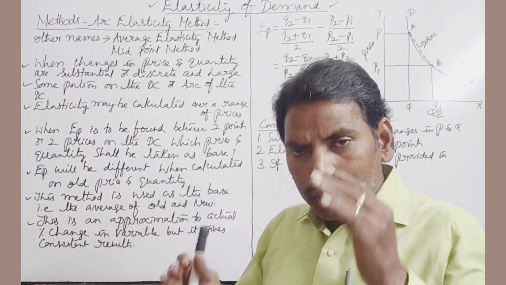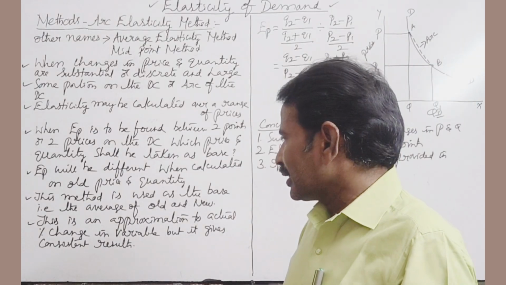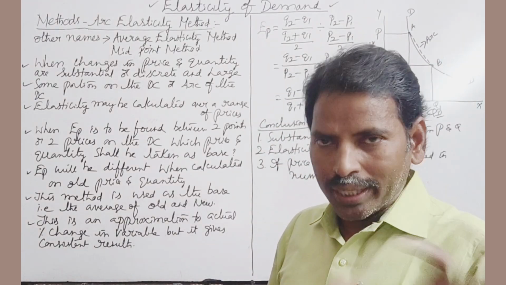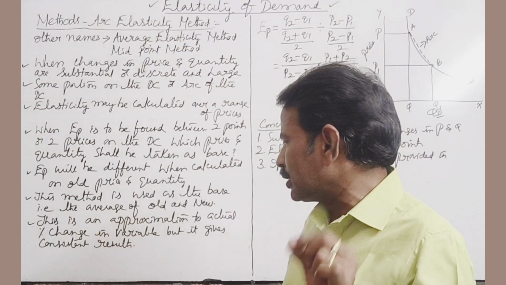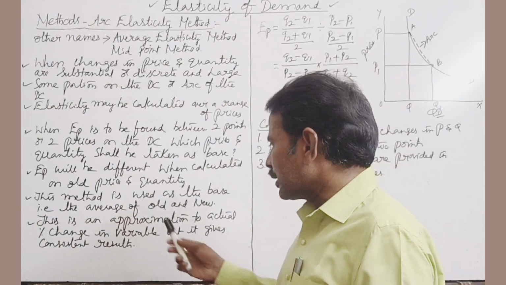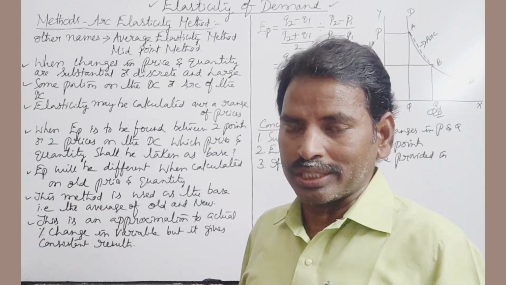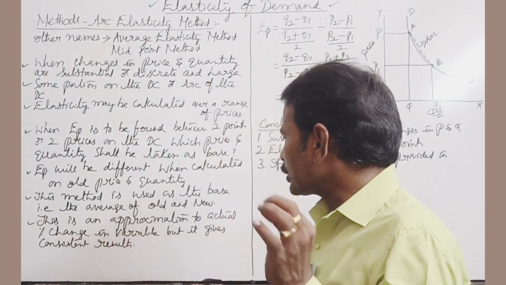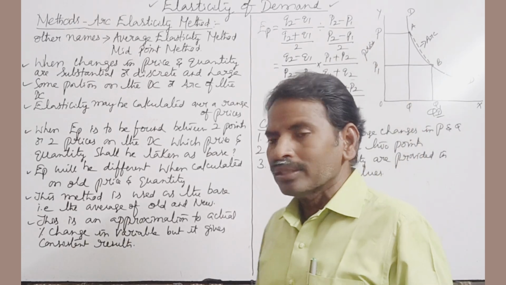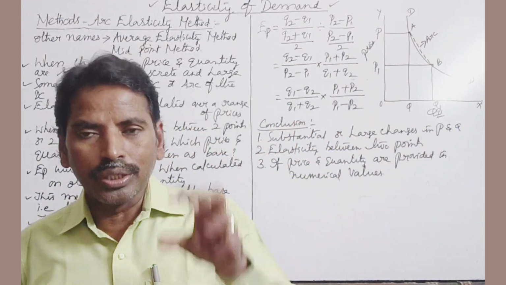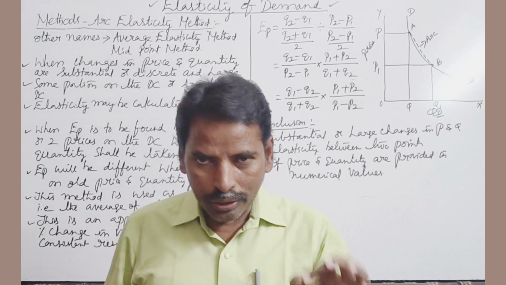This is an approximation to the actual percentage change in the variable, but it gives consistent results. So in this regard, this method is applied to measure price elasticity of demand.